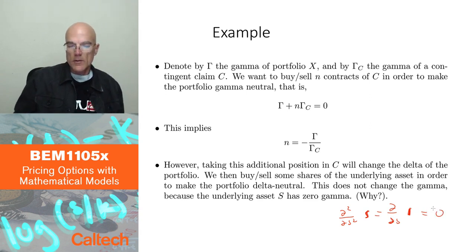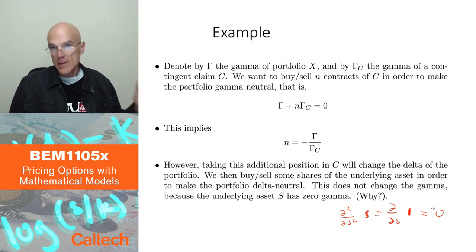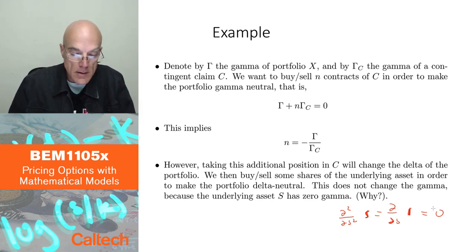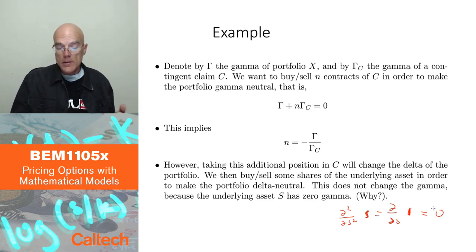The second derivative of S is just 0. It's a linear function. It's neither strictly convex nor strictly concave. So gamma, second order sensitivity of S with respect to S is 0. Therefore, you can always change delta by just trading in the underlying asset without changing other Greeks, other sensitivities.